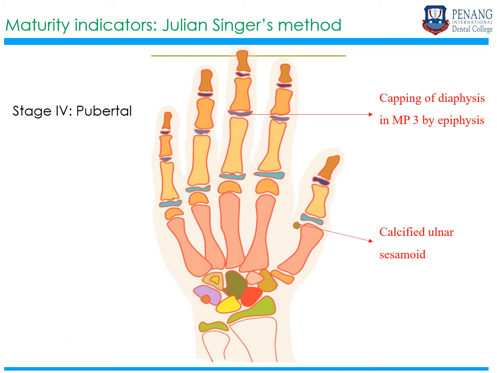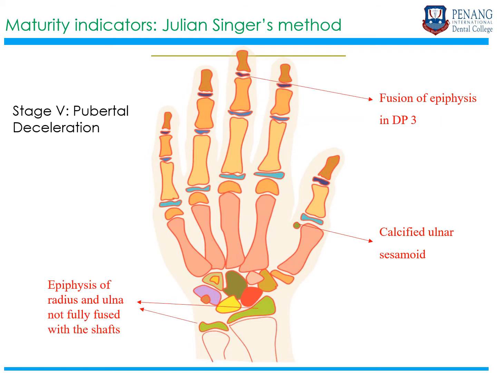Stage 4, 2 things are occurring, and one is the capping of diaphysis in middle phalanx of the third finger by epiphysis, and also there is the calcification of ulnar sesamoid. Stage 5, three occurrences or three things happening.